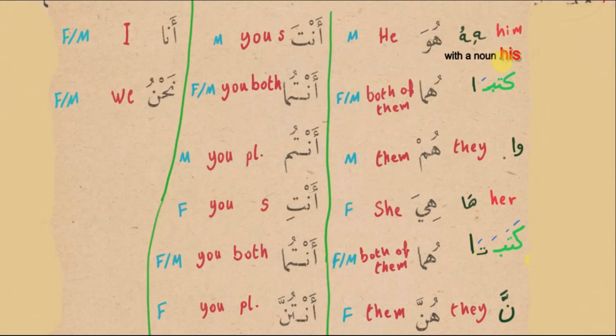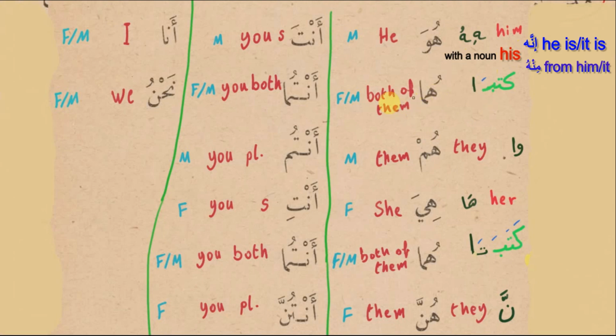If they're connected to a noun, they are like his in English. So with these two here, they connect to a noun or a verb or a meaning letter. With a noun, they mean his, and with a verb, they mean him. And with a meaning letter, it's like he or him, as innahu, he is, or minhu, from him.